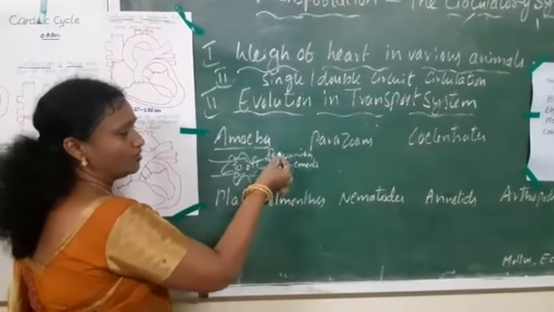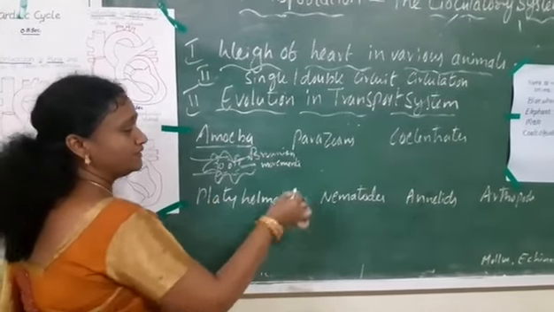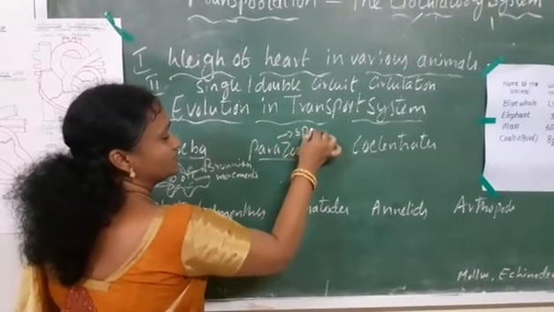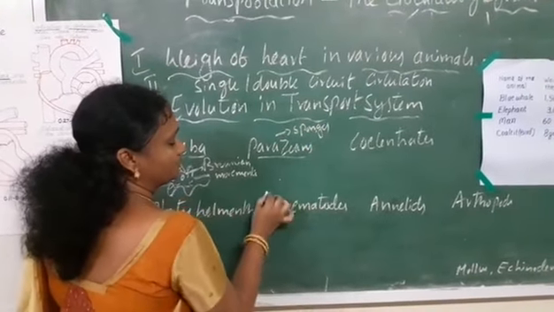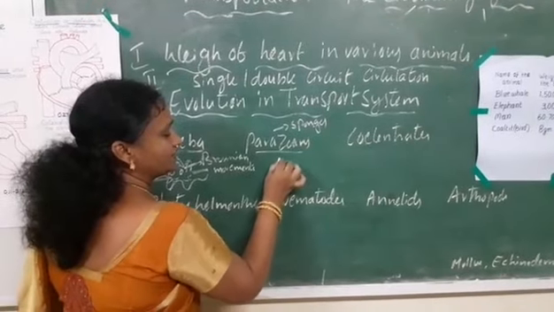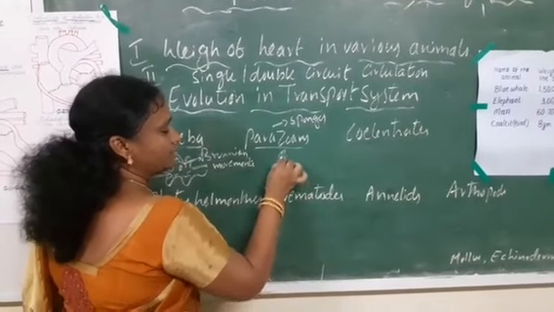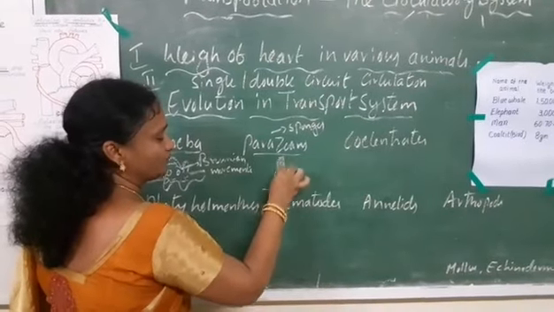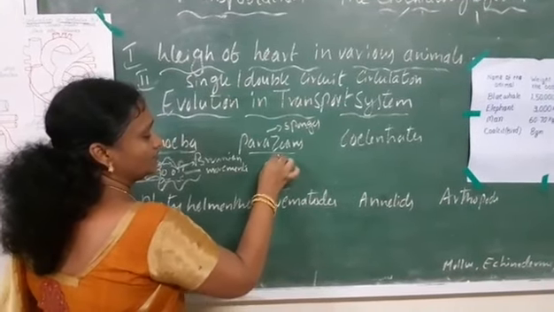Next, when we go to a little more developed animal, that is parazoans, an example for the parazoans is sponges. You know that these sponges are present in the sea. The sea water currents are helpful for transport of substances in the sponges.